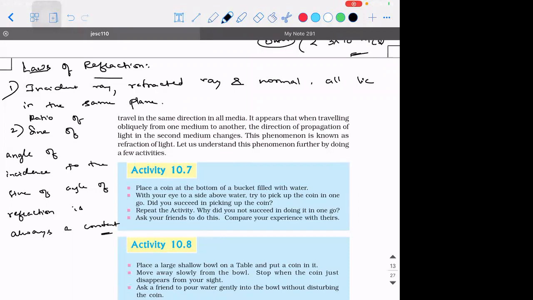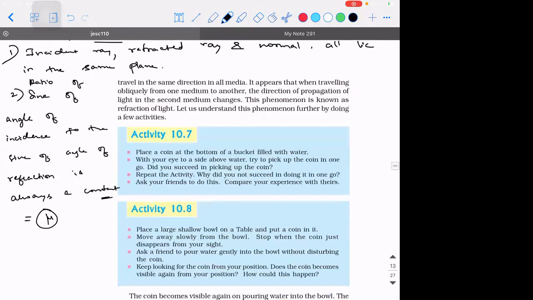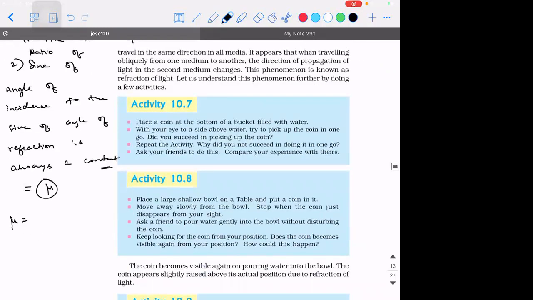Refractive index. That's what we call it, and it is represented by the symbol mu. Now comes another question. How do you define refractive index? So the ratio of sine of I by sine of R is mu. That's what we call the refractive index, right?